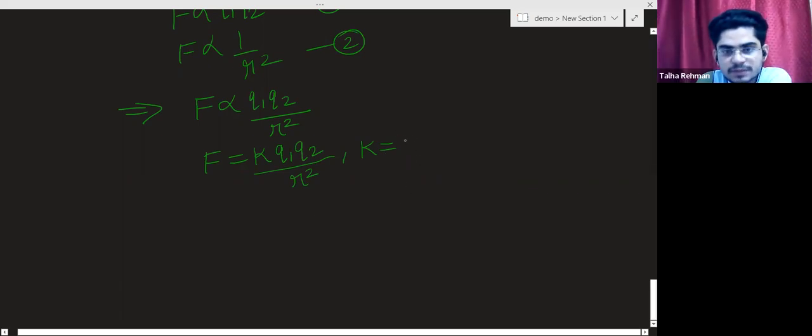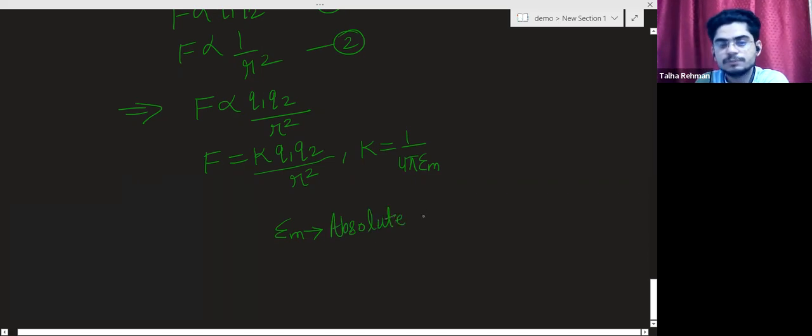The value of this k is found to be 1 upon 4 pi epsilon naught m, where epsilon naught m is known as the absolute permittivity of the medium in which the charges are placed.